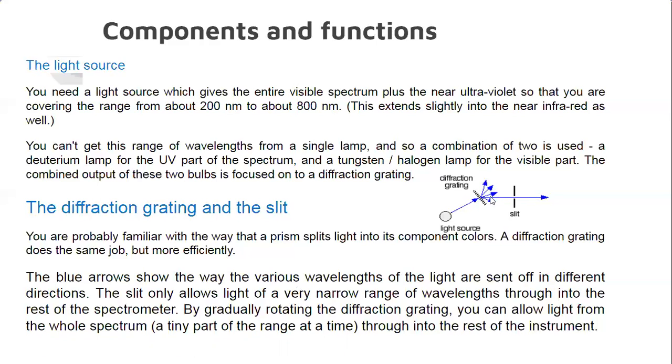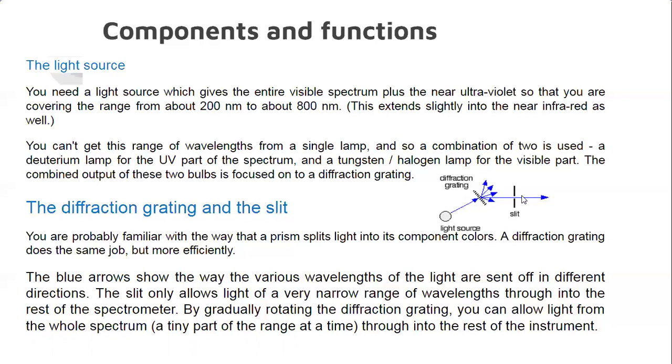Now, for example, if our source is visible, what is the range of visible? Generally 400 to 800 nanometers. That means this white light radiation will be split into around 400 components of wavelengths. The wavelength range 400 to 800 is considered a long range.